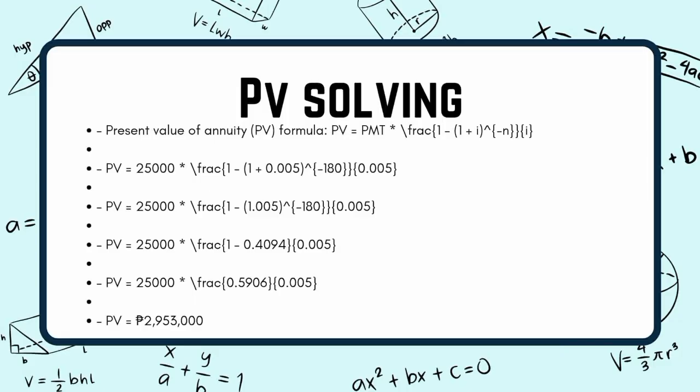PV is equal to 2,953, which we get from the 25,000 multiplied by 0.5906 over 0.005. So, that is our final answer for problem 1 on deferred annuity.